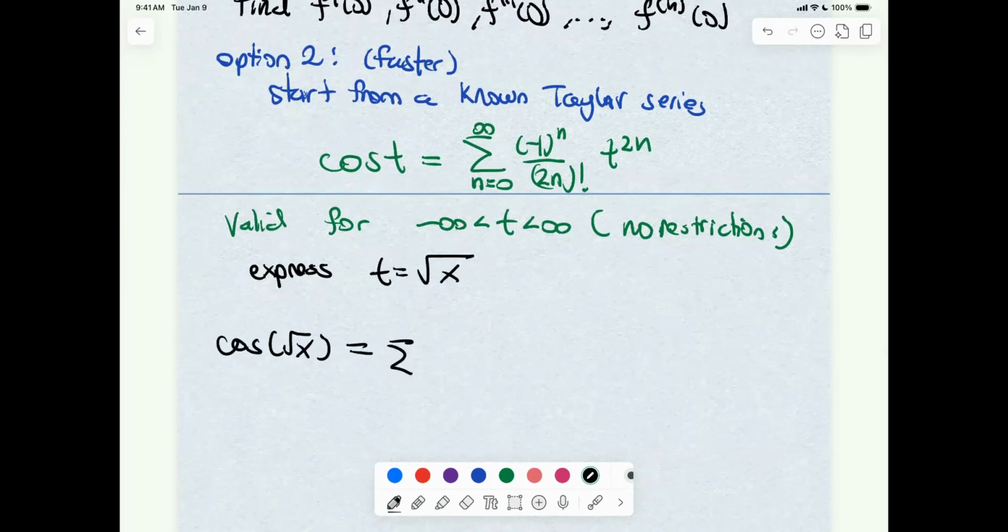Well, of course, here x has to be non-negative for this to even make sense. Although at the end of the course we'll talk about imaginary numbers, and we will take square roots of negative numbers, but right now we're still not doing that.